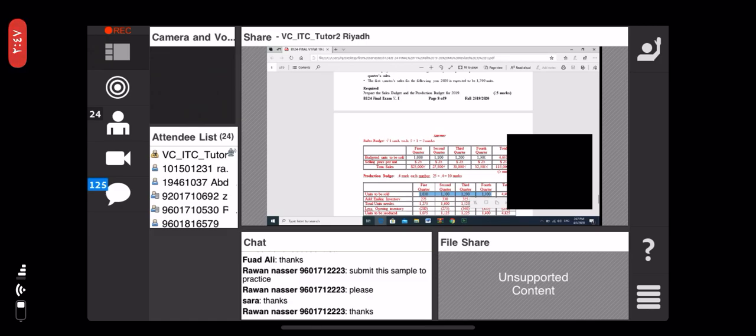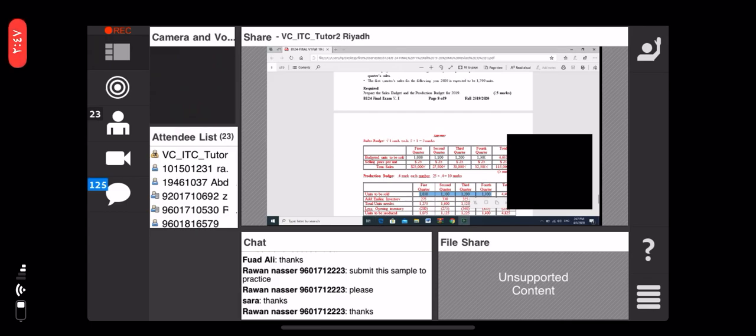So the equation for the production budget, please write this note. For the production budget, it will start with units to be sold, plus ending inventory, minus beginning inventory.